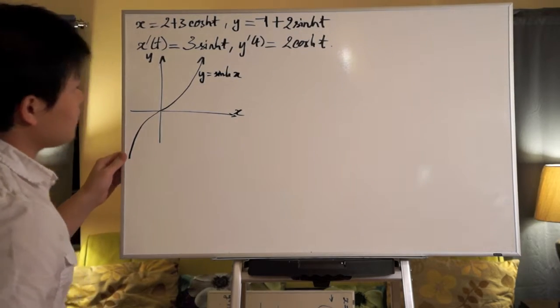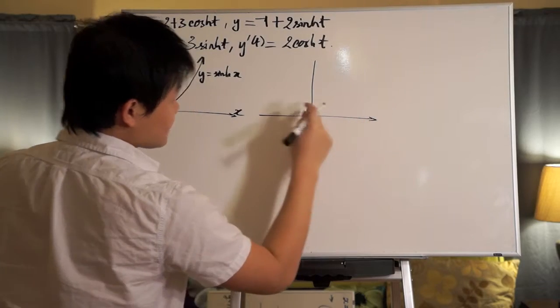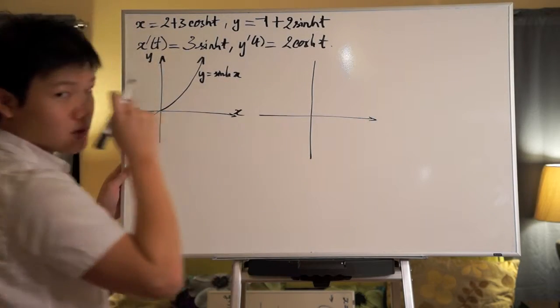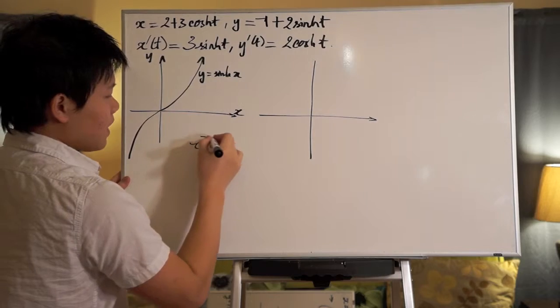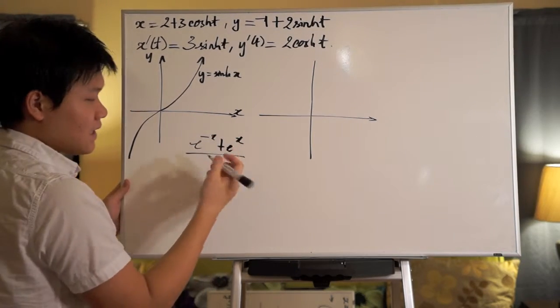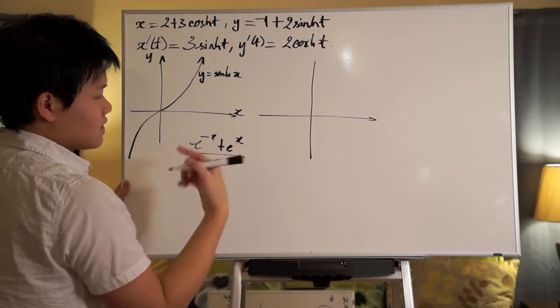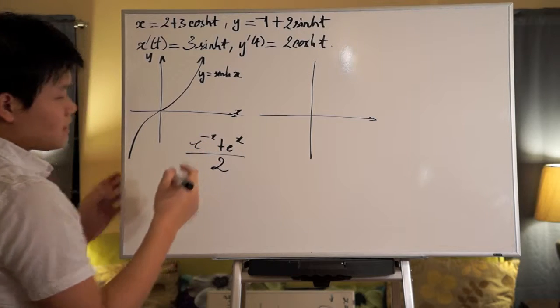Okay, so for cosh, it will be something different. Cosh t at 0 equals 1, because if you think about it, e to the minus x plus e to the x. I'm just saying in general, not necessarily x, but here, in this case, t. But just in general, we have a cosh equation.